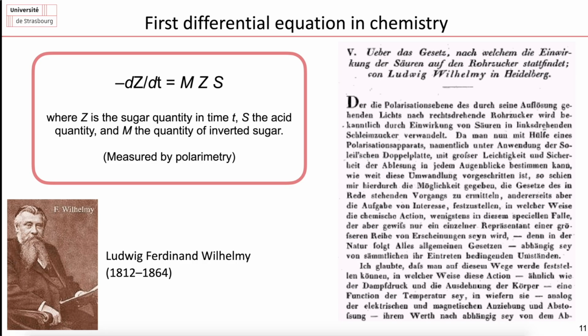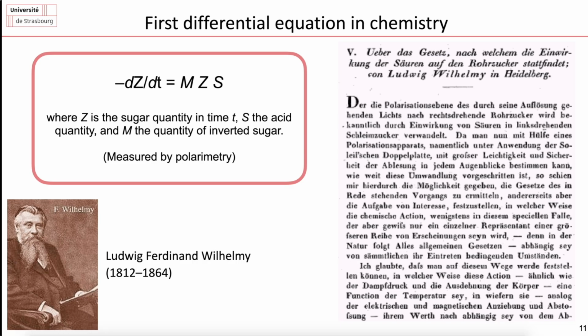So Wilhelmy published a very important paper in 1850 on the kinetics of the inversion of sugar with acids. We'll come back later to this sugar inversion, but basically you start from sucrose, which is just plain white sugar, and when you heat it with a little bit of acid as a catalyst, it decomposes into glucose and fructose.